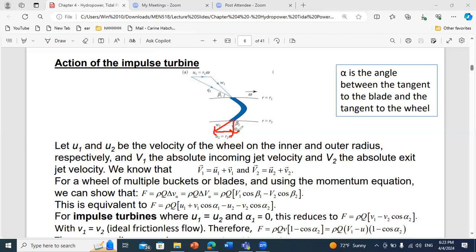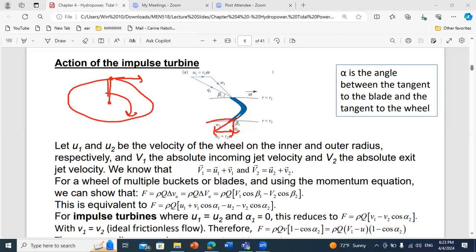And as we said, U2 is already tangent to the wheel because of rotation. So this is your wheel, and it's rotating. The linear velocity is always perpendicular to the radius, so it is along the tangent to the rotating wheel, while your blades can have a certain inclination.